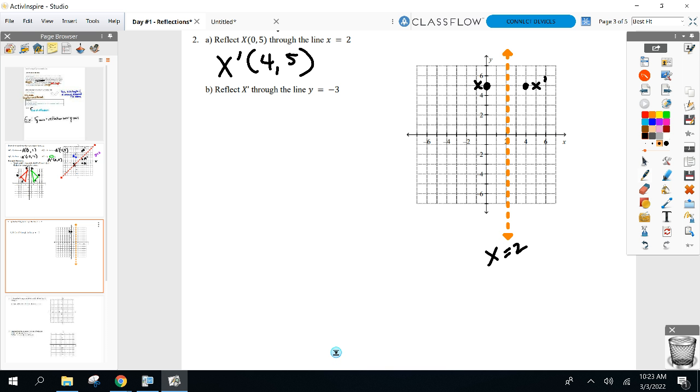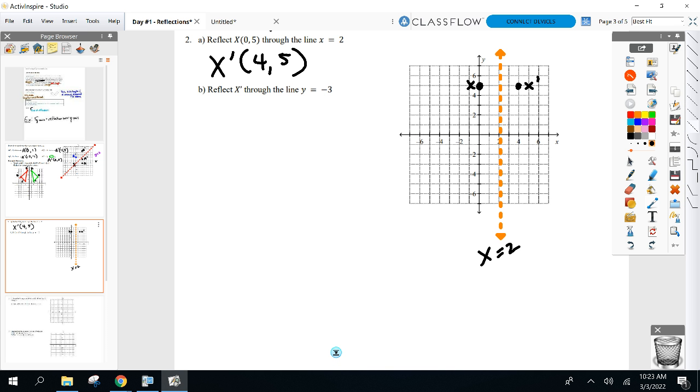Read carefully the next part. What am I going to reflect? What's it asking me to reflect? X prime. I don't go back to X. I stay at 4, 5 now. So take X prime and reflect it through the line Y equals -3, which will be what type of line? Horizontal. Good. We're picking it up. Y equals -3.